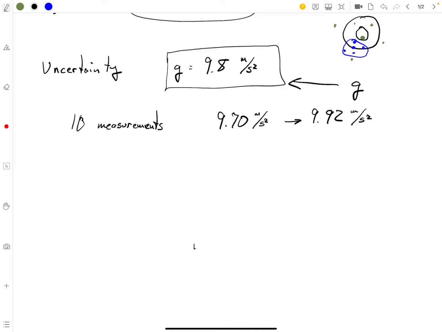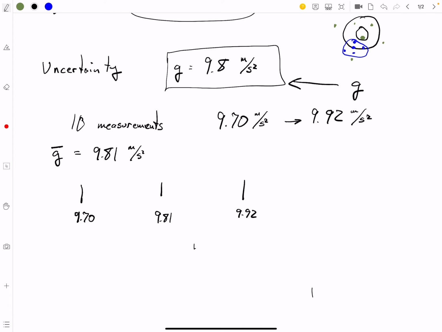Now we can average that out, and we average out to be 9.81. That's right in the middle, meters per second squared. So this is our G average. Okay. Fine. Let's do a little number line here. Here's our 9.92. Here's our 9.70, and right down the middle of it is 9.81.